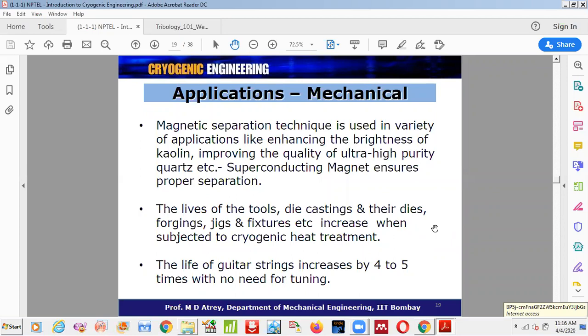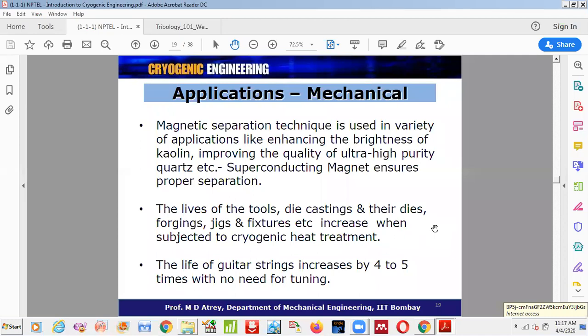My dear friends, I have already discussed in the initial parts of the cryogenics class that if you take a material, say iron or carbon, any monolithic material, and subject it to cryogenic heat treatment, that is beyond minus 180 degrees centigrade, it becomes about 200 times harder and more brittle compared to the same material subjected to higher heat treatment temperatures.